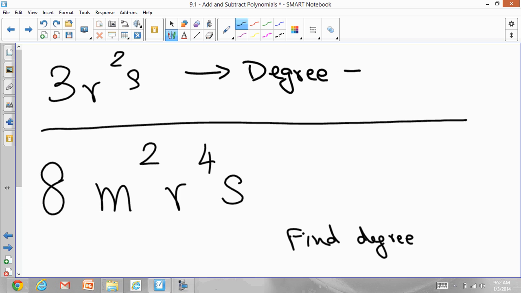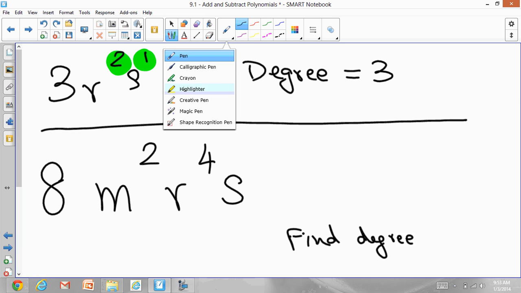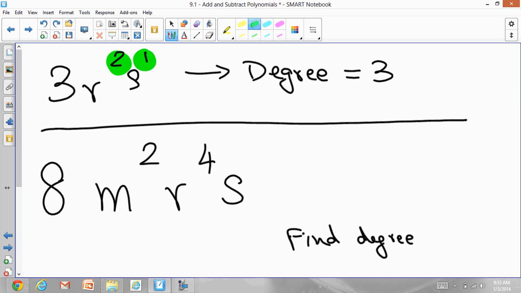The only tricky thing is that r gets a 2, and there is also an s tagging along. Since you're looking at one term where all of them are multiplying, s gets a power of 1. If there is no exponent, you take it as 1. So watch what I'm going to do. I'm looking at the 2 and the 1 and combining them to give me a 3. So the highest degree in this case is 3.